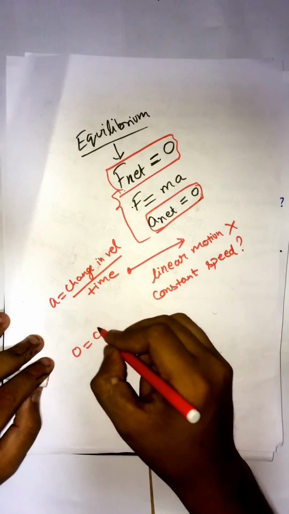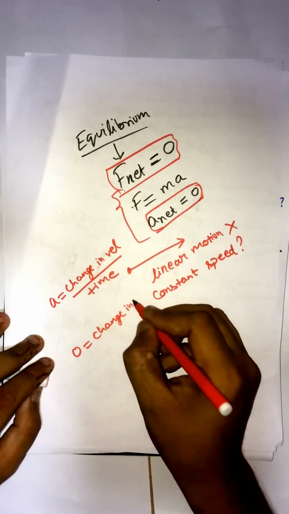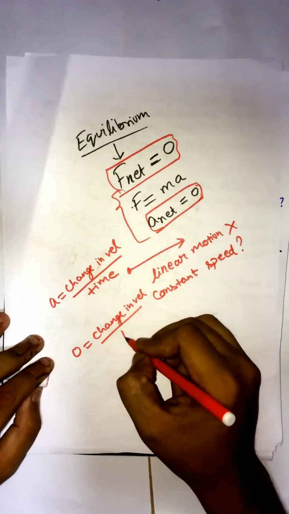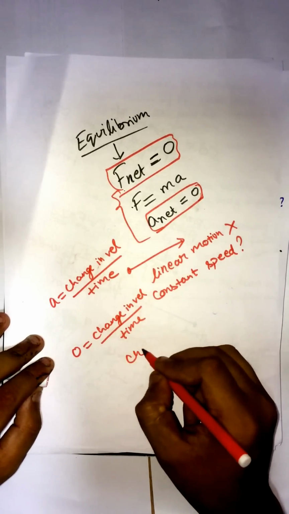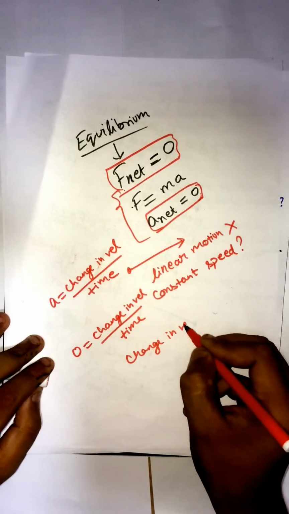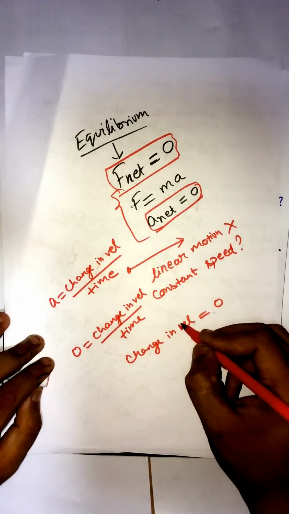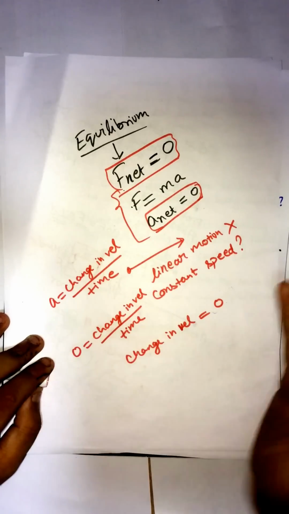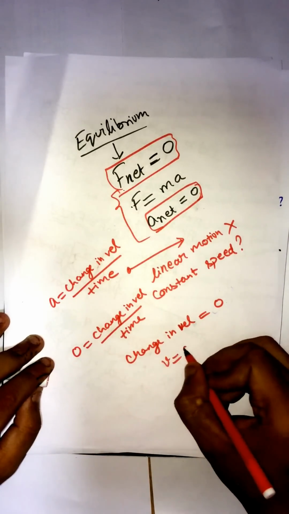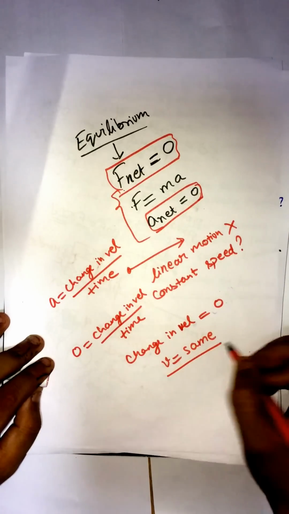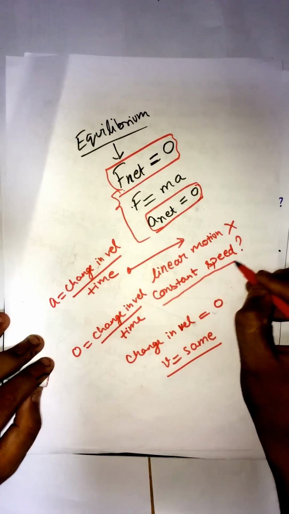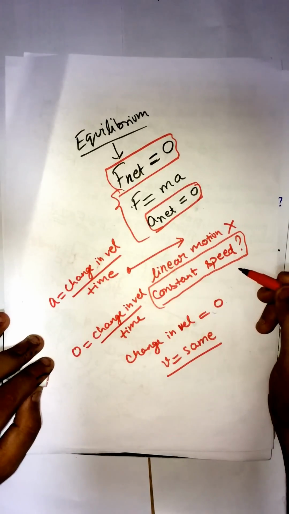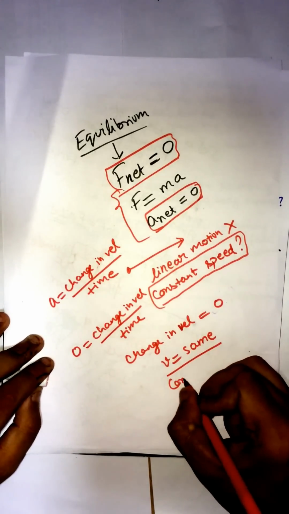So if acceleration is zero, the change in velocity is zero. That means there is no change in velocity. The velocity is the same. So we can say it moves with constant speed or constant velocity.